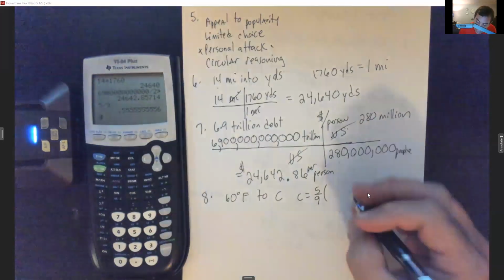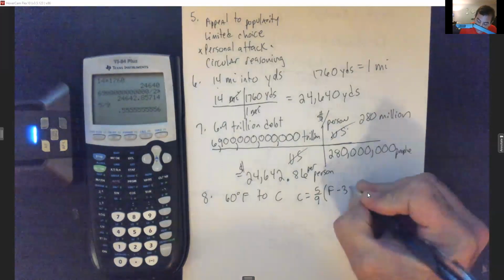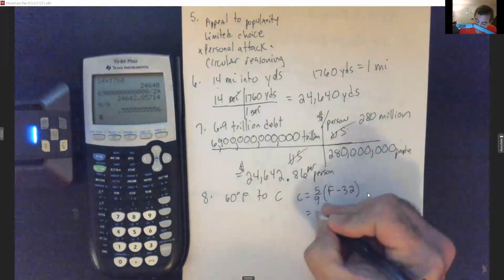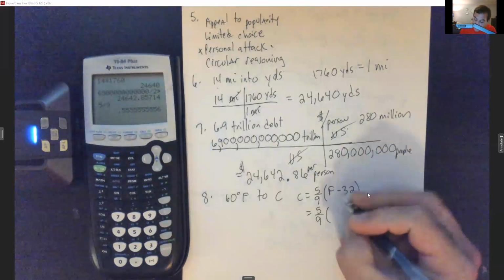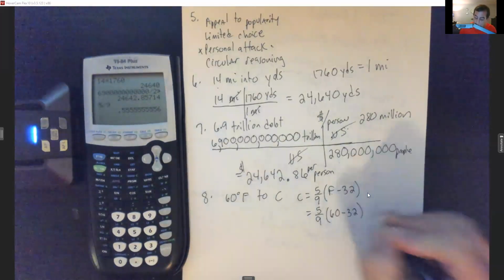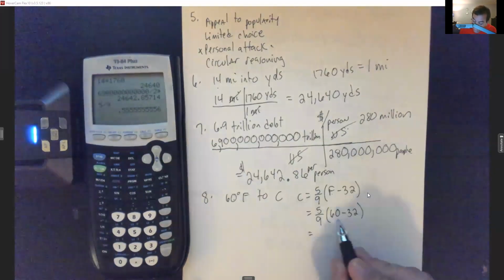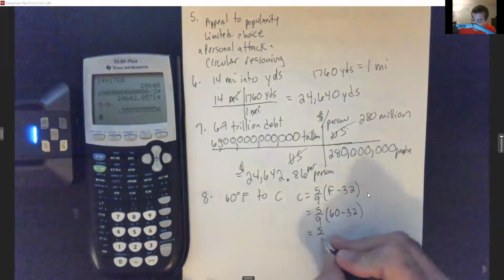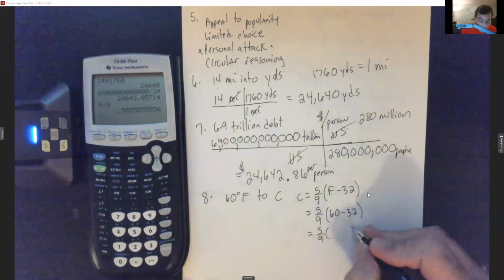Times F minus 32. So what you do, you bring down the 5/9. In place of the F, you put the 60 degrees minus the 32. So you want to subtract in here before you multiply. Order of operations. Remember, work in those parentheses first.